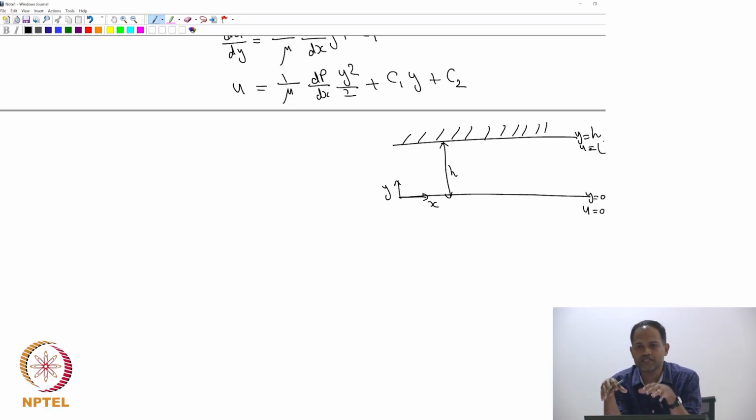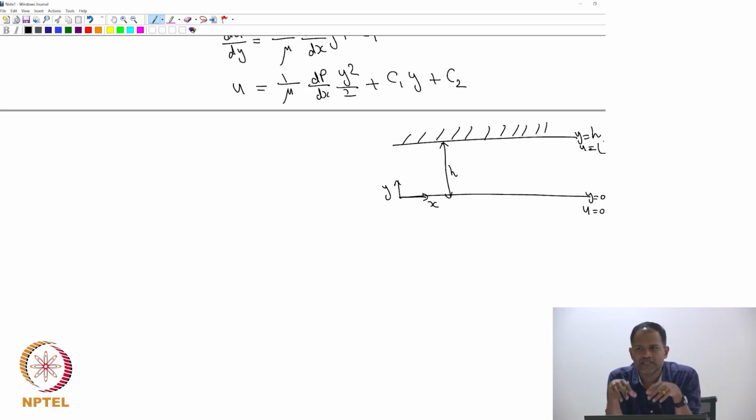Okay. So we are looking at a situation now where you have applied a pressure gradient as well as you are moving a boundary. Okay, and then let us calculate what the velocity profile is and see how different those velocity profiles are going to be.